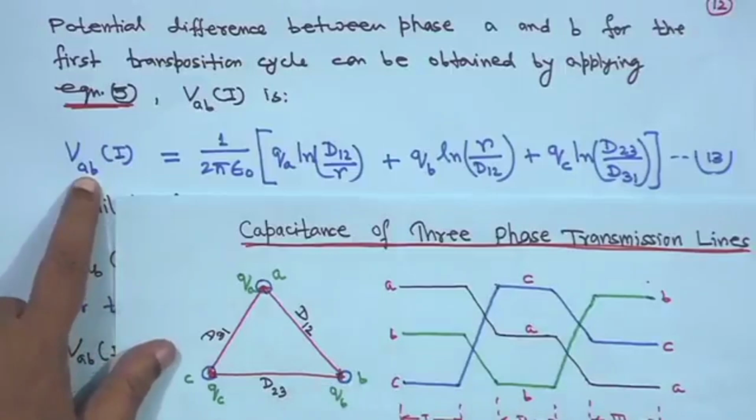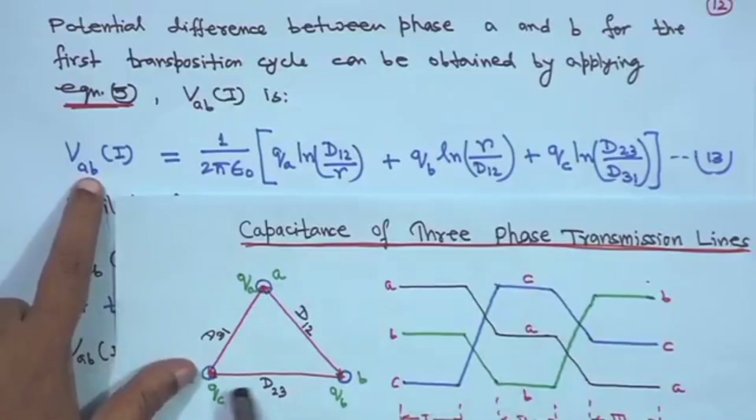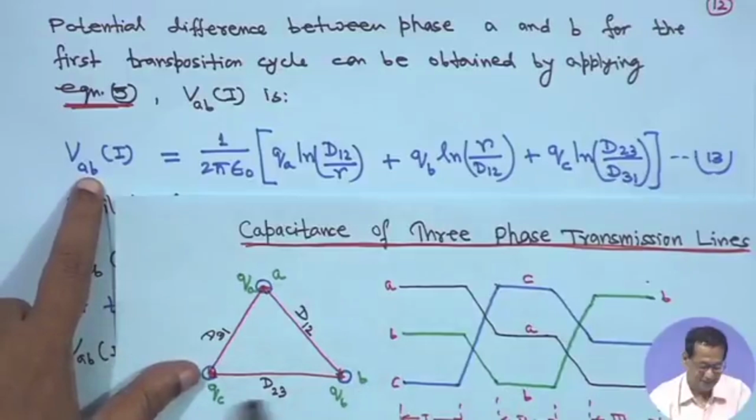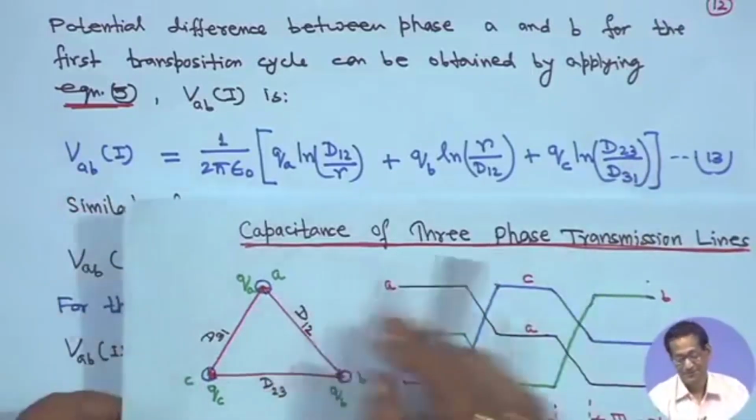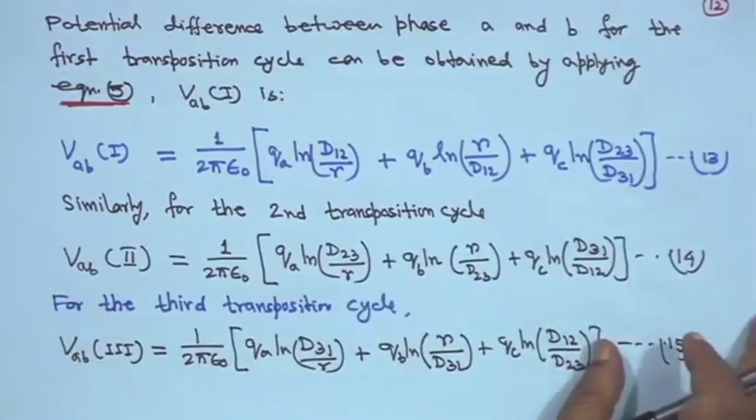If you recall the voltage V12 calculation with D2 upon D1, from here to here it will be D23 and then D31. I hope you are understanding this.